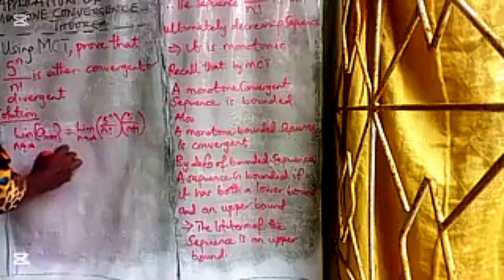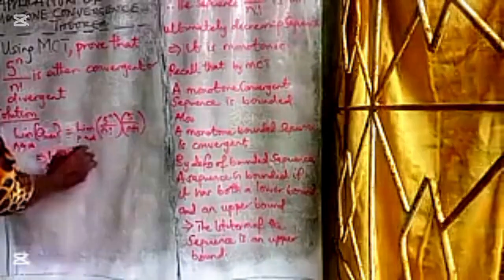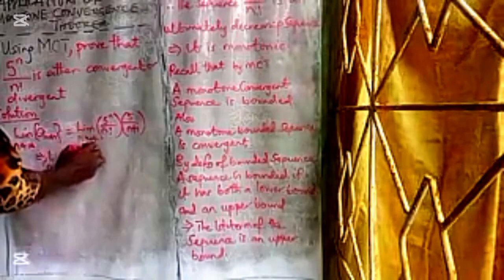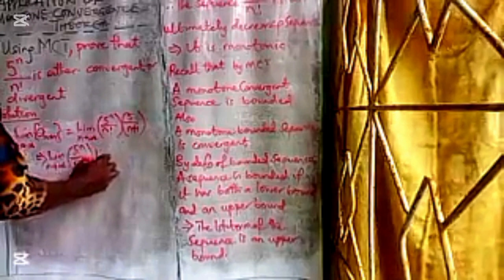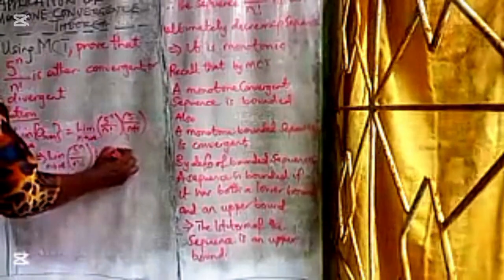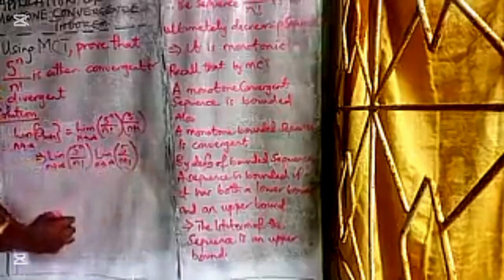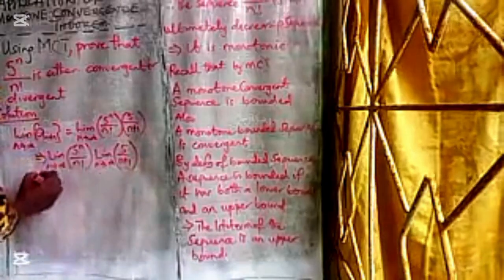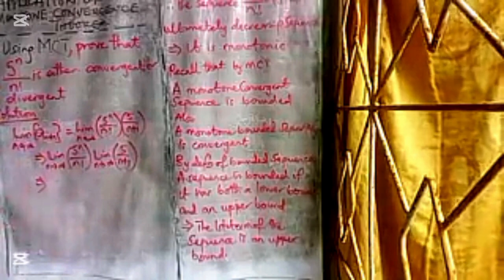That is the limit of 5 raised to the power n over n factorial into the limit of 5 over n plus 1. And so, by the time we take the limits, that's 0 into 0.